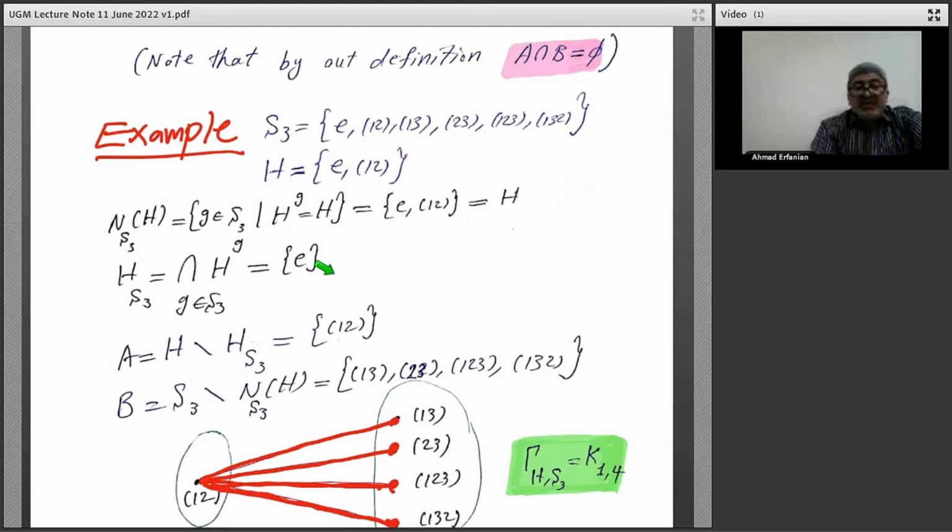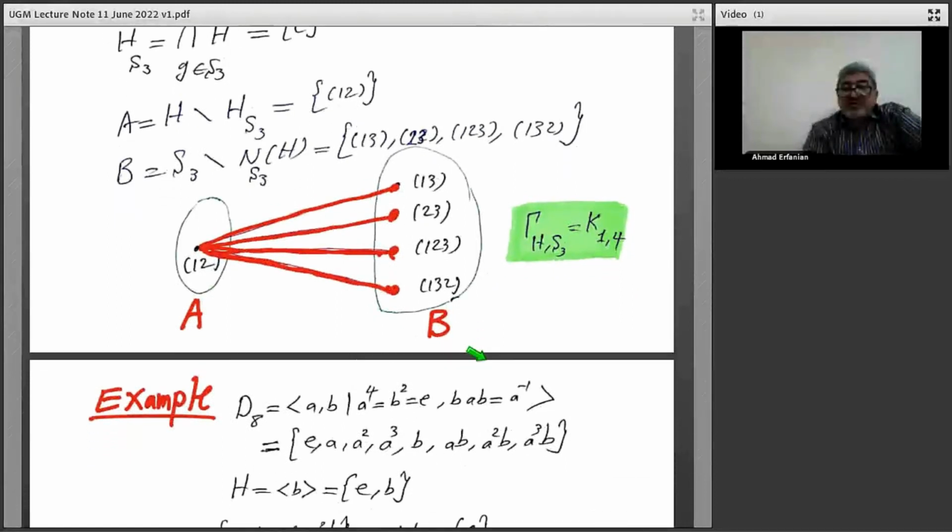So the set A is H minus H_S3. So we remove the identity from H, so we will have only (1 2). And B is S3 minus the normalizer of H in S3. Because the normalizer is H, we remove 2 elements from S3. We will have 4 vertices in B. Now you can see that.